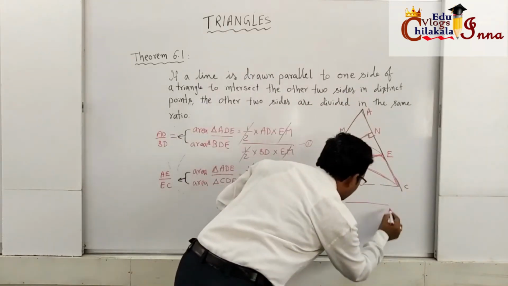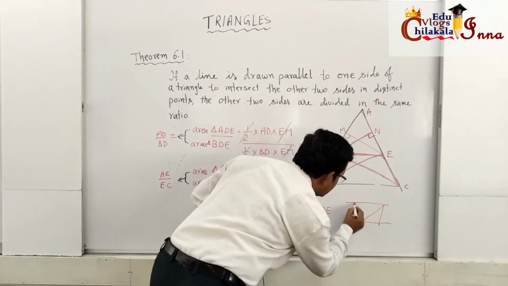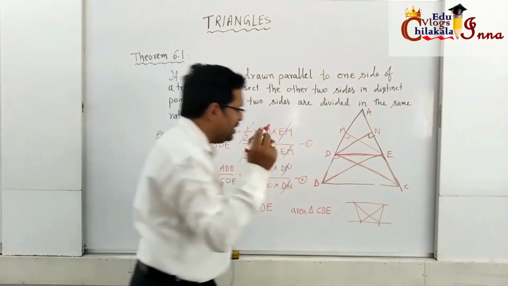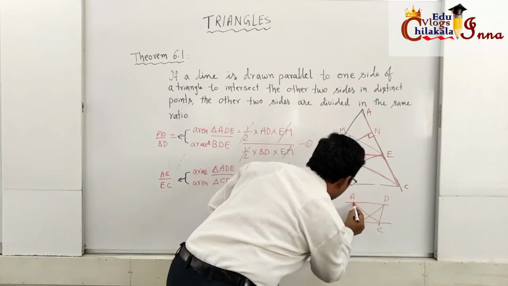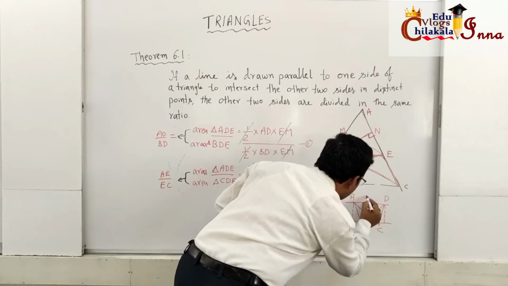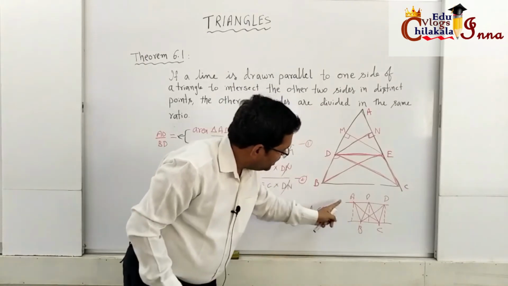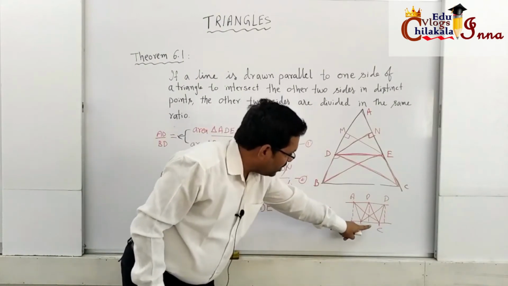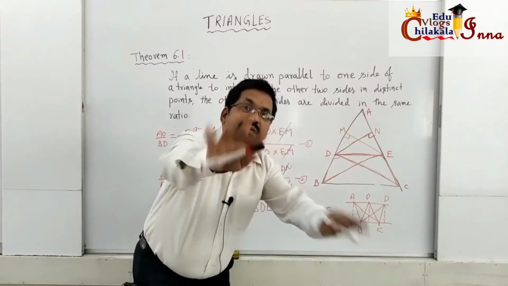When you construct triangles on a single base between two parallel lines, those triangles will be equal in area, because the height is the same. BC is a common base. On a common base, if you make 100 triangles between two parallel lines, they will be equal in area.